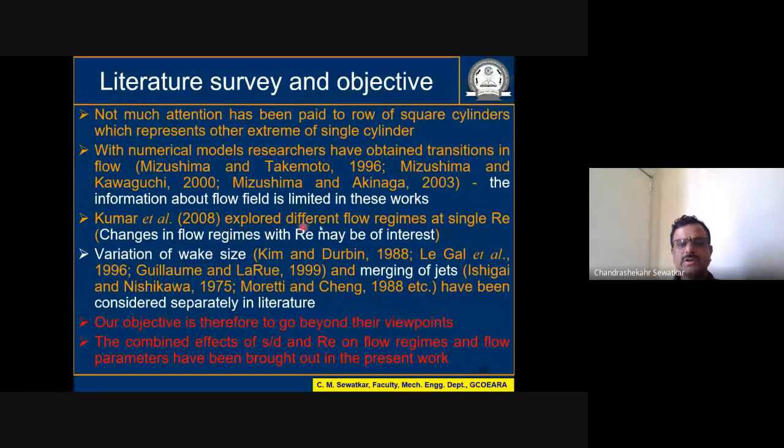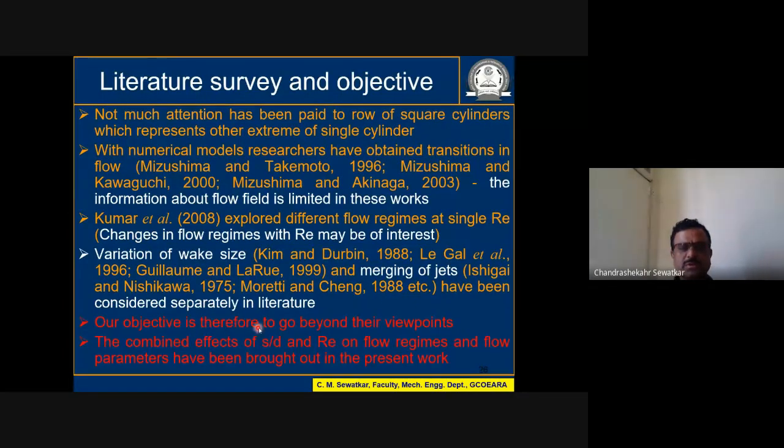Kumar et al. in 2008 explored different flow regimes at a single Reynolds number, but the changes in flow regime with different Reynolds number are also of interest. Variation in the wake size was also discussed by a few researchers, and people also talked about merging of jets, but the actual wake interaction phenomena was not explored by the researchers.